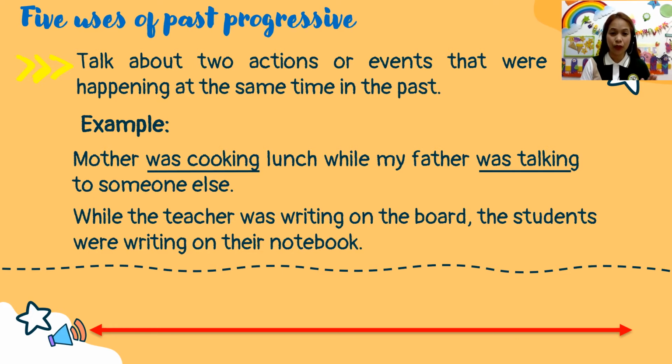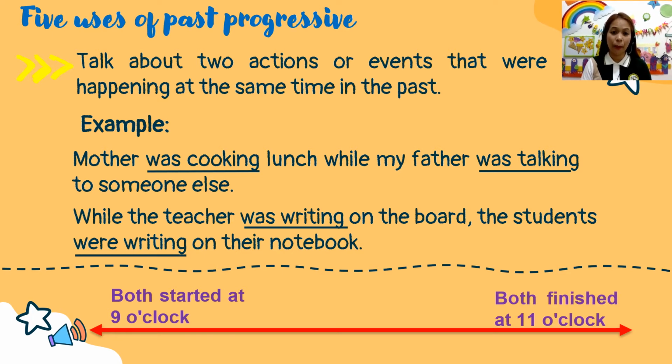You see, 2 actions in one sentence. The other one, was writing, were writing. Mother started cooking at 9 o'clock, and father started talking on the phone maybe at 9 o'clock as well. They both finished their action maybe at 11 o'clock. Okay, so they were doing the same action at the same time in the past. Okay?